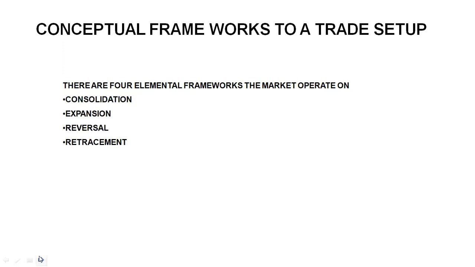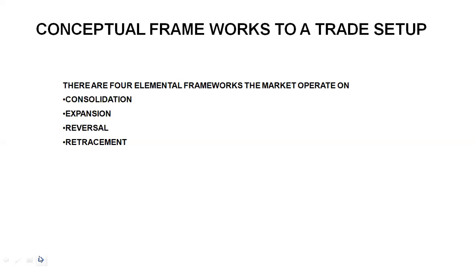These are the four basic things the market operates on at the institutional level. So the market is either consolidating, or expanding, or reversing, or retracing. If you open your chart on whatever market, you observe that the market is either consolidating, or expanding, or reversing, or retracing, right?